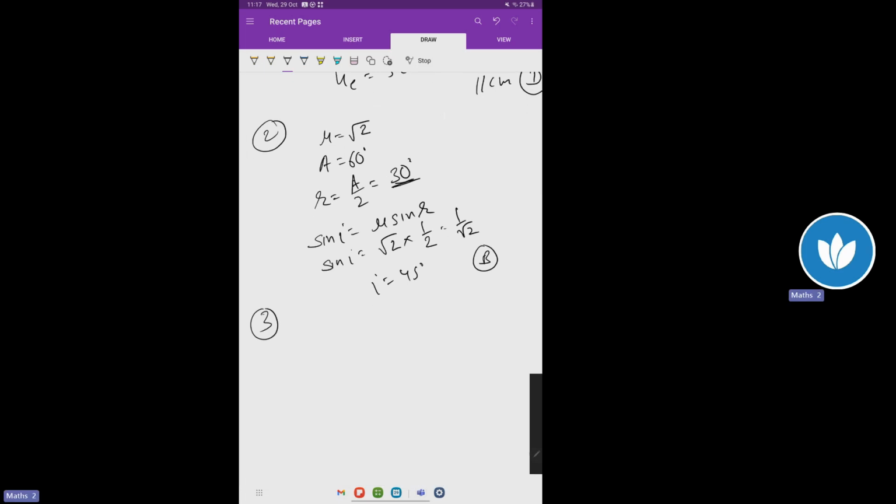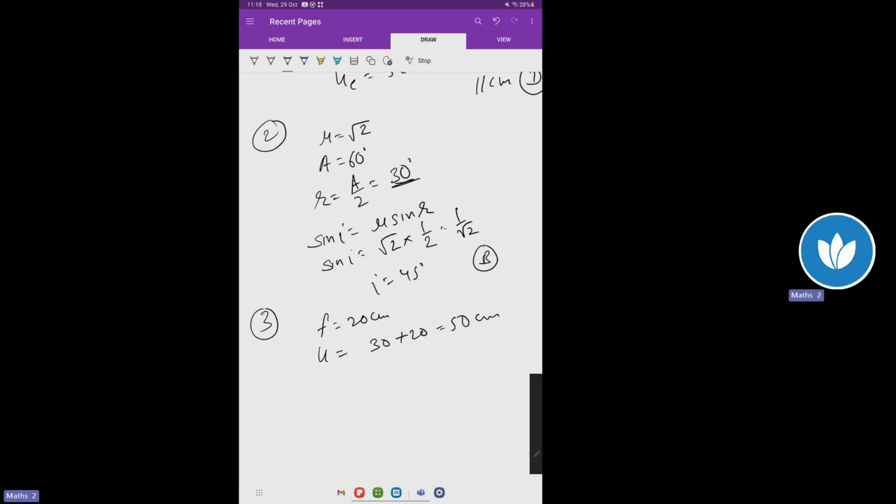Question number 3. The focal length of a convex lens is 20 centimeter. An object is placed at a distance of 30 centimeter from its focal point. So U is actually 30 plus 20, 50 centimeter.